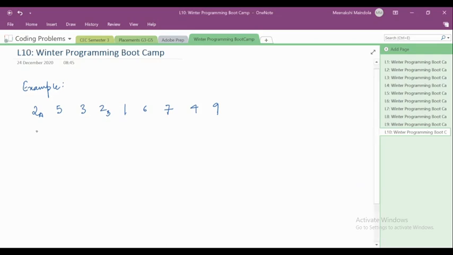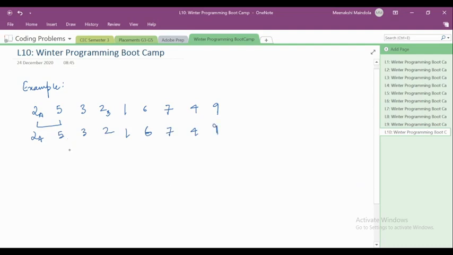So you compare these two and see that 2 is already at its correct position, because 2 is less than 5 and it should appear before 5. So both of these are at their correct positions. After the first iteration, your array is going to remain the same.